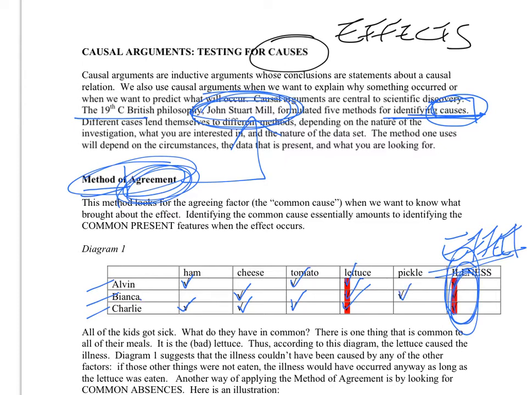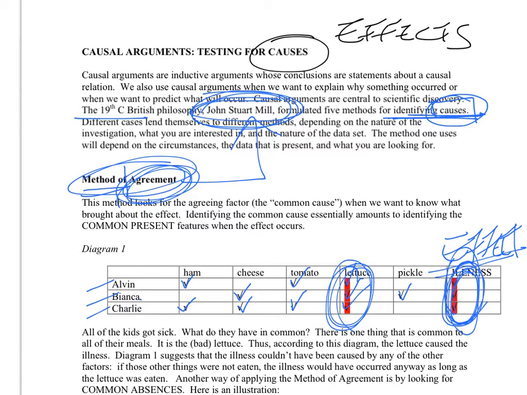At any rate, the only thing that's common to all three of them in the instance in which they get all sick is that they had the lettuce in common. They probably had some kind of contaminated lettuce.